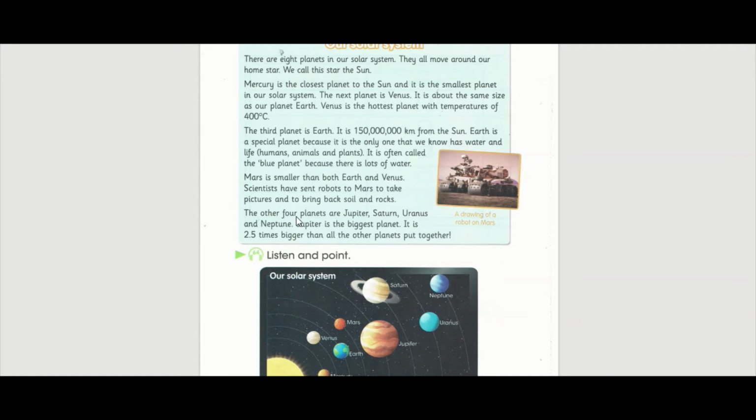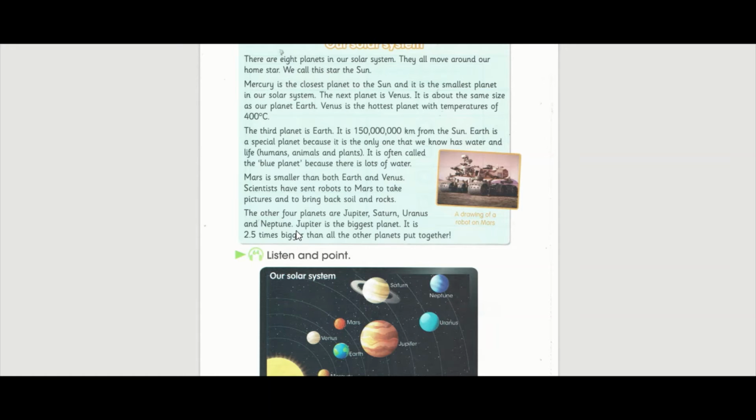The other 4 planets are Jupiter, Saturn, Uranus and Neptune. اوكي، الكواكب الأخرى الأربعة ما نعطي عليها شرح مفصل، maybe because they are so far away from the reach of human beings، يعني صعب الوصول إليها.